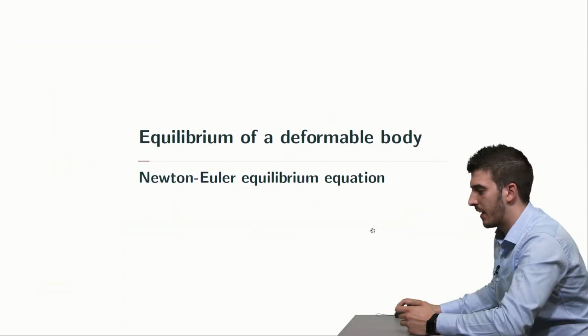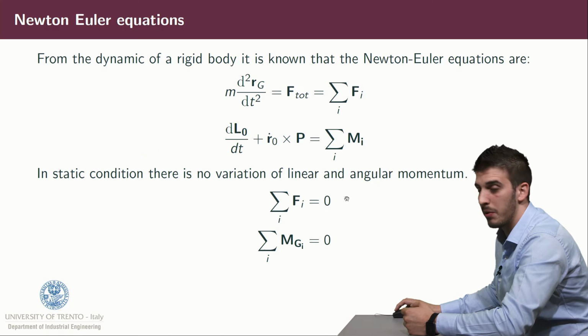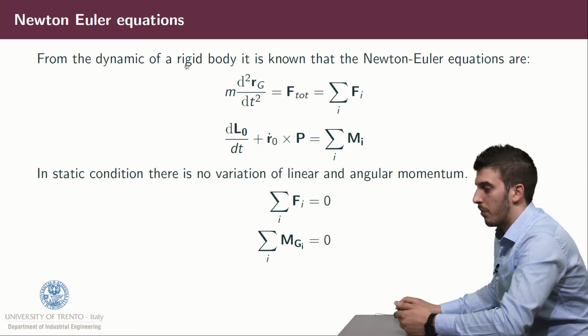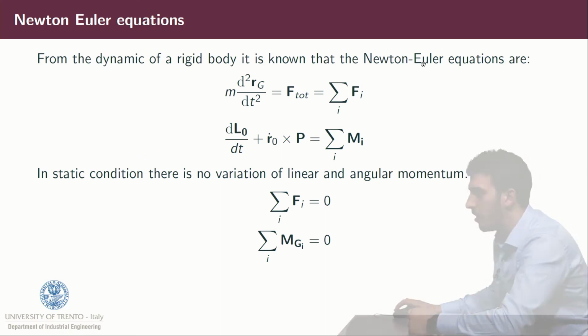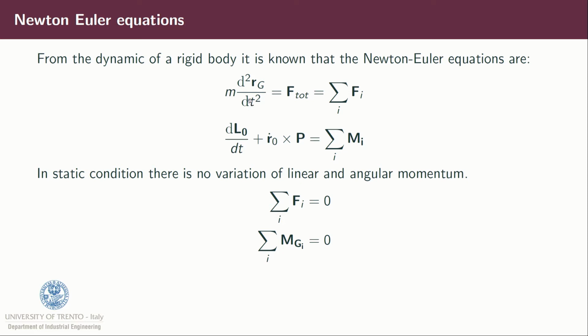We can enter now into the Newton-Euler equilibrium equations. From the dynamics of rigid bodies, we have the Newton-Euler equations: the mass times the second derivative of the position vector is equal to the total force, which is the sum of all the forces, and the time derivative of the angular momentum plus the velocity cross product the linear momentum is equal to the sum of all the moments.